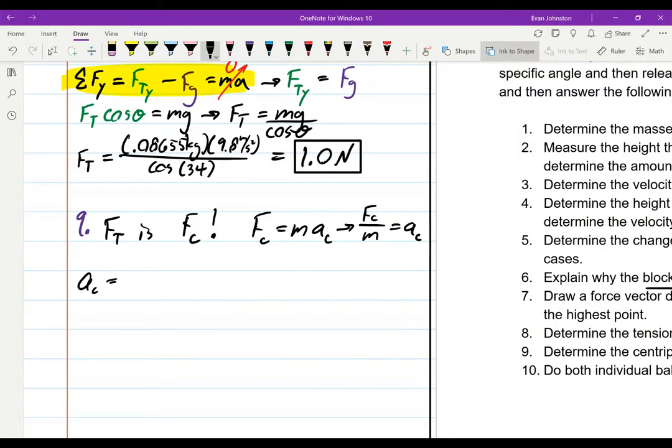The centripetal acceleration is equal to 1.0 newtons divided by 0.08655 kilograms. And that gives us an acceleration of 11.5 meters per second squared. But if we really are rounding for sig figs, this would be 12 meters per second squared.